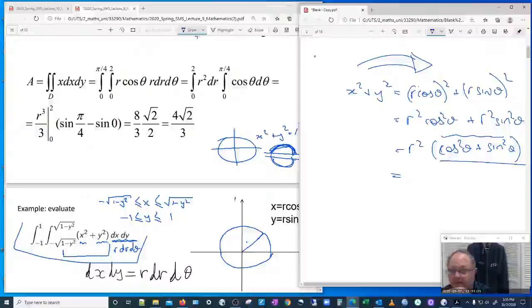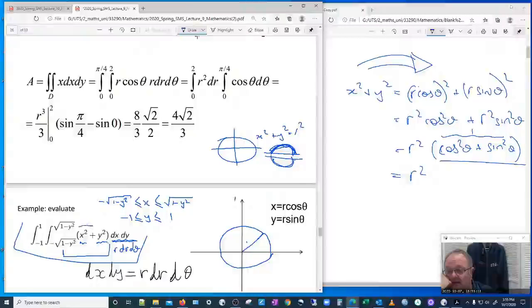Yes, thank you, 1. So in actual fact, by doing the transformation, we have simplified this. Okay, so this guy here is going to get translated to r squared. Wow, that's really made it simple, hasn't it?